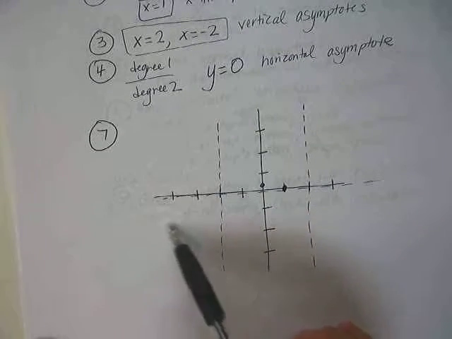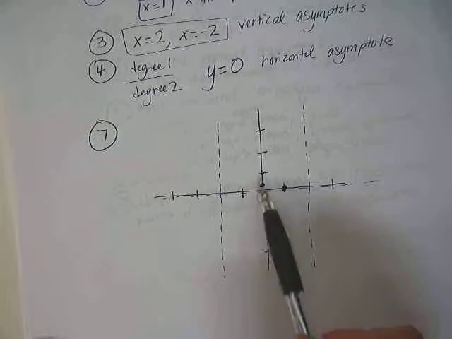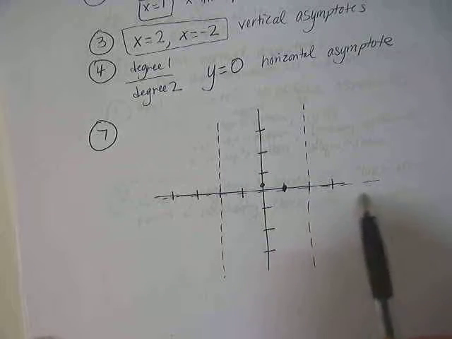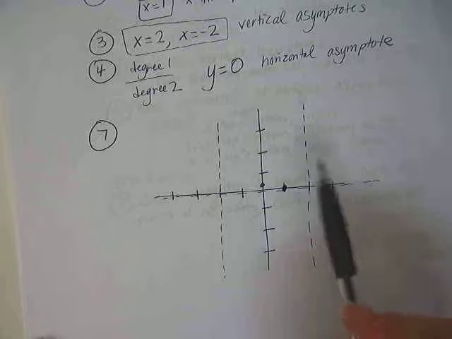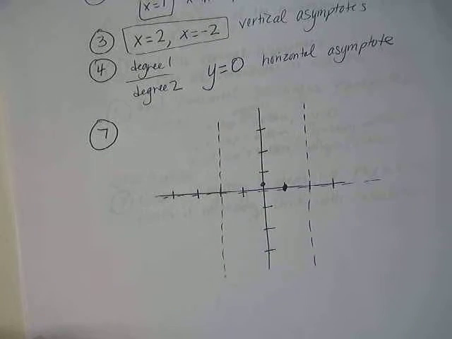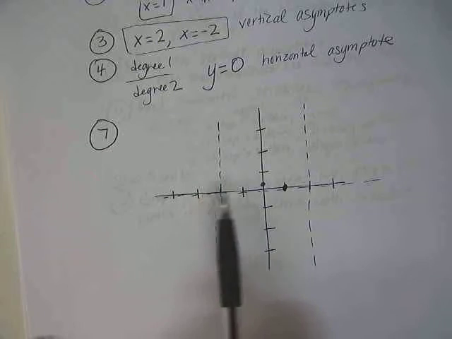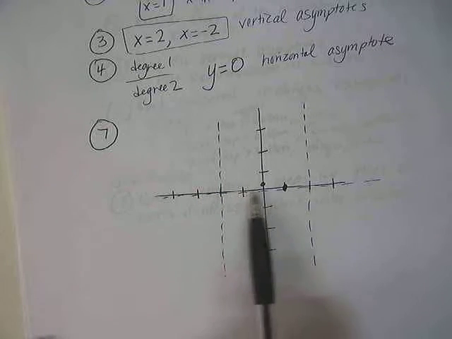Instead I added this to step 7, which is find other points if you need to. I would really like some information about what's happening here. It might not hurt to know more about what's happening here, and I really want to know something happening over here. So what points would be really good to plug in?